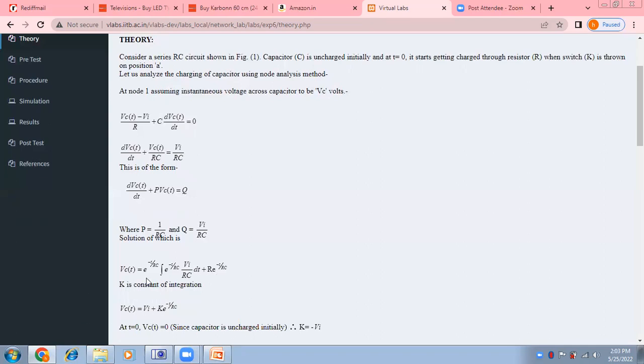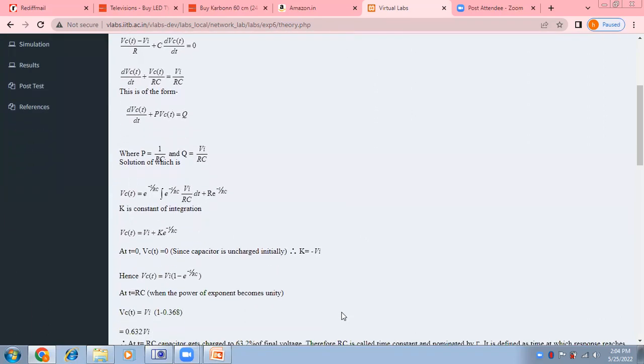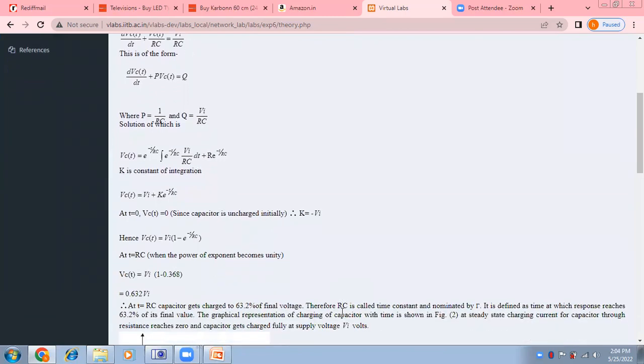So I will get Vc(t) is equal to Vi plus k e power minus t upon RC, where RC is nothing but your time constant, and henceforth we'll call it tau. At time t equal to 0, Vc(t) is equal to 0 since the capacitor is uncharged initially. So k is equal to minus Vi. Hence Vc(t) is equal to Vi into (1 minus e power minus t upon tau).